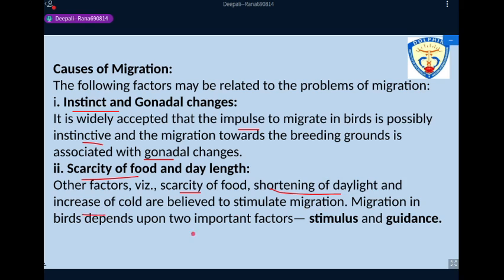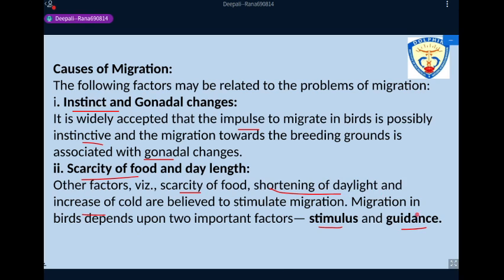Migration. So migration in birds depends upon two important factors: the stimulus that comes from inside the bird's body, by means of hormones secreted by the gonads, and the second one, the guidance, which comes from the environmental conditions.